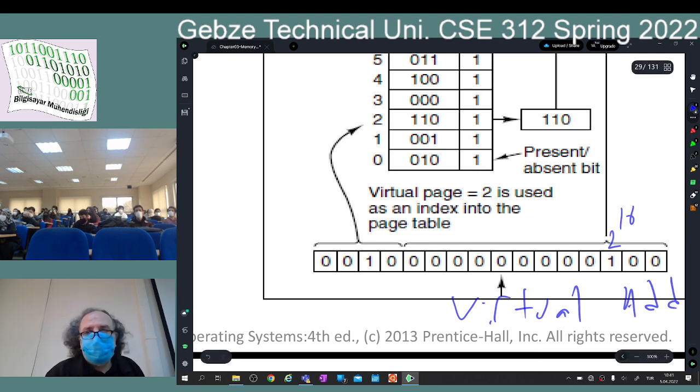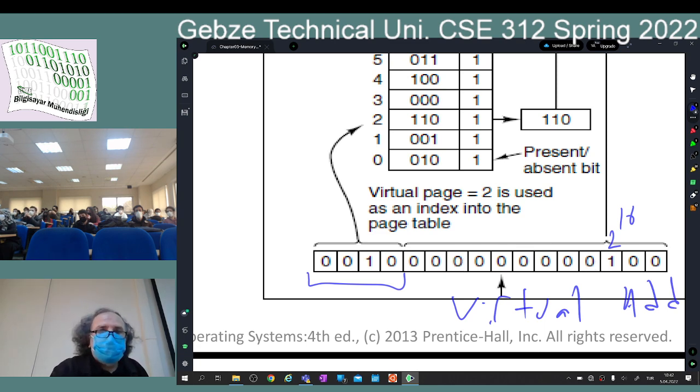So how do I find it? I just take the most significant 4 bits of the virtual address. Why? Because the remaining 12 bits belong to the address inside the page. I have a total of 16 bits.